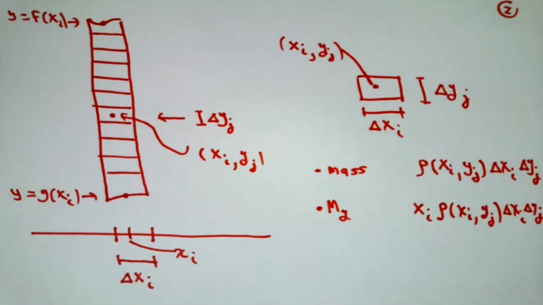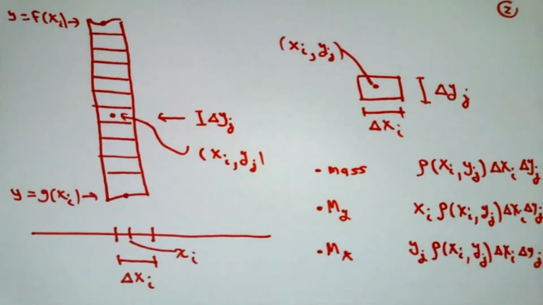I also need to know the contribution to the moment about the x-axis, but that works the same way. I've got to take the mass, which I already know, and multiply it by a number that tells me how far out from the x-axis I am. That would be the y-coordinate that I'm using to represent the block, which is yj.